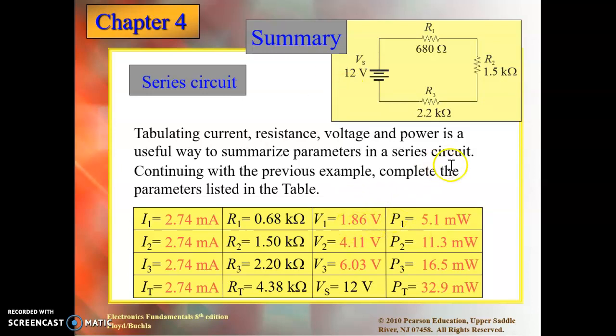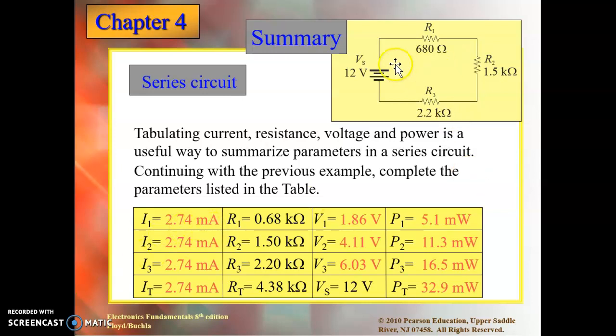How do we tabulate current, resistance, voltage, and power in a series circuit? If we add up all these resistors, as we did before, we calculated 4.38. So if we divide the voltage, 12 volts, by 4.38, or 4,380 ohms, we calculate that we have 274 milliamps.